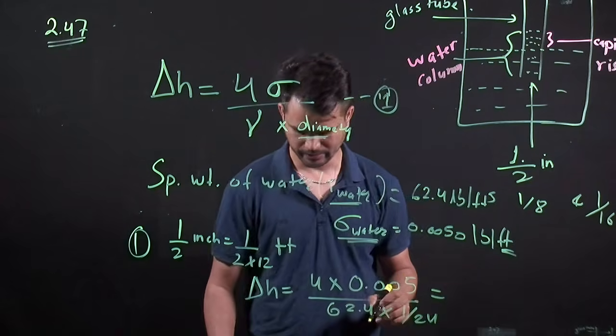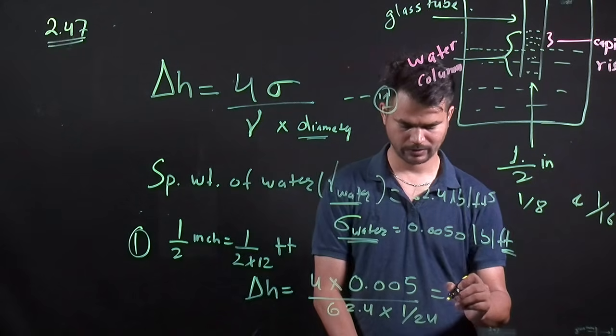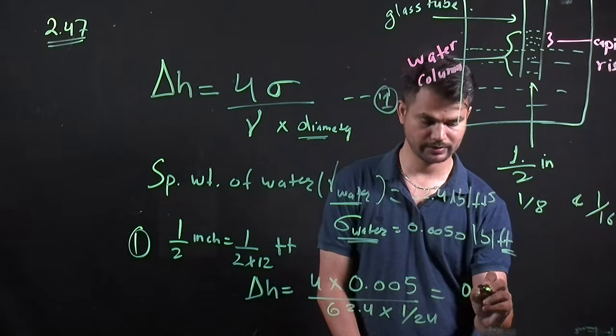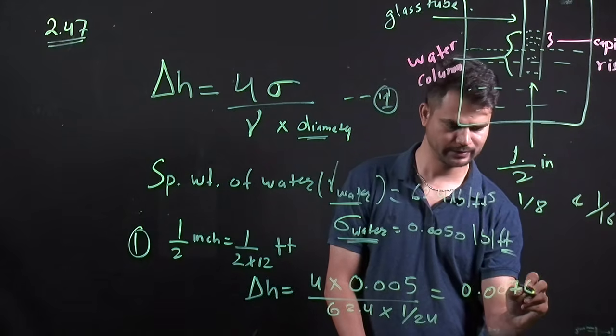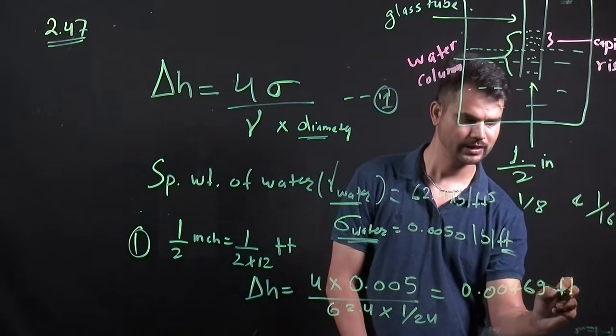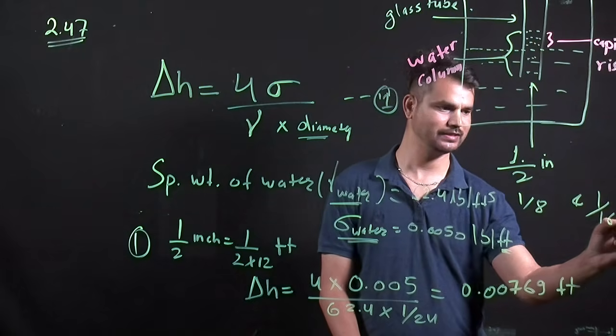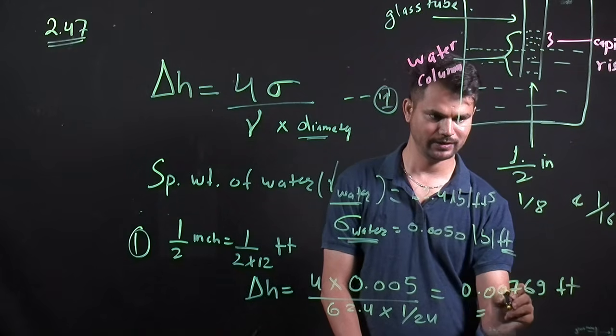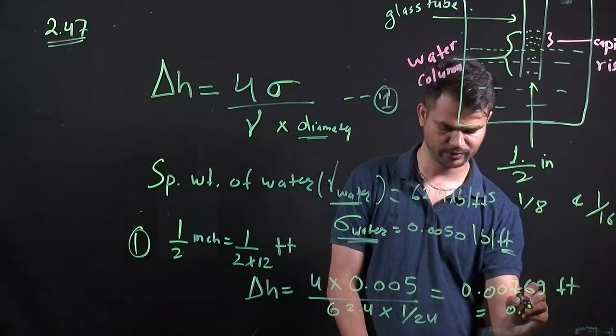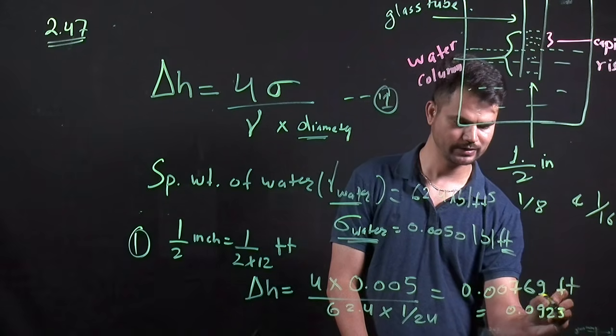That will be equal to 0.00769 feet, and when we convert that into inch, it will be equal to 0.0923 inch.